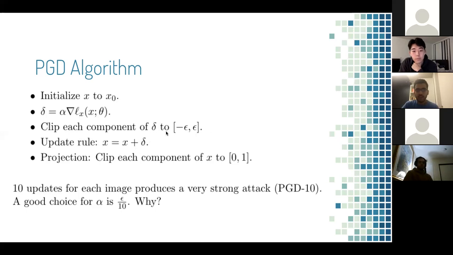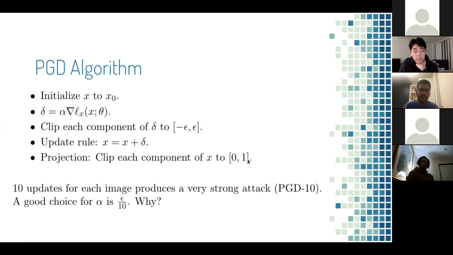So once you add that slight corruption, that's delta, to the image, you once again make sure that each component of X is between 0 and 1. And the reason we do this is that it's standard practice in computer vision to ensure that your inputs are standardized. So if you have pixel values from 0 to 255, you squash them in between 0 and 1.